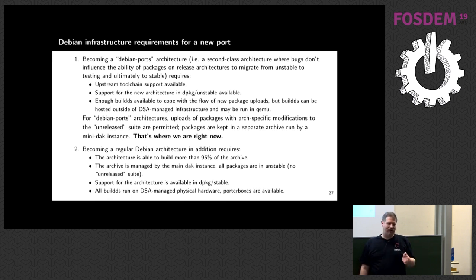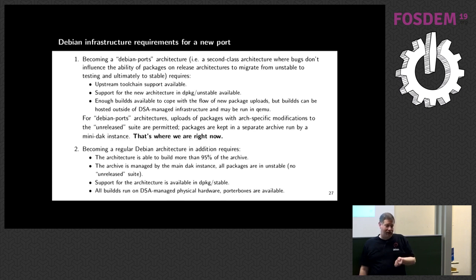This is only for temporary stuff, so the aim is that having unreleased empty. That's the final aim. But while we're working on that, there is some stuff which we currently can only keep in unreleased. So that's where we are right now.